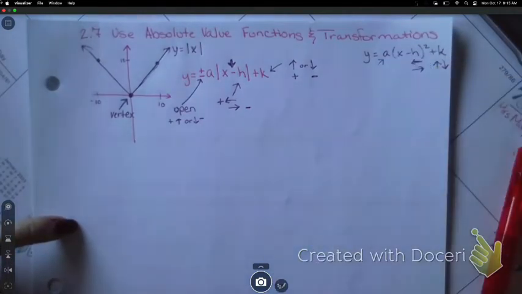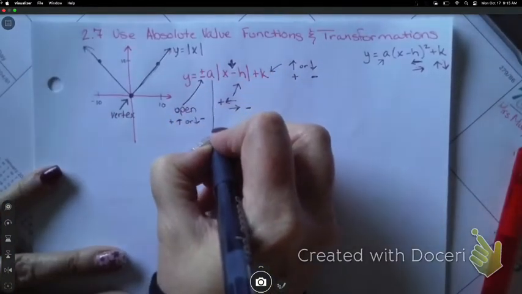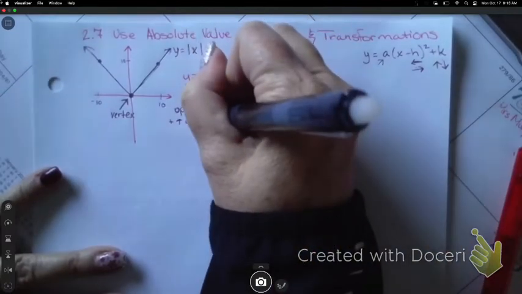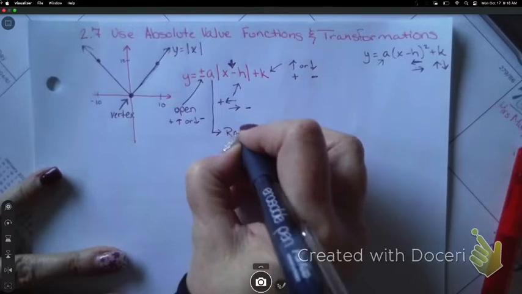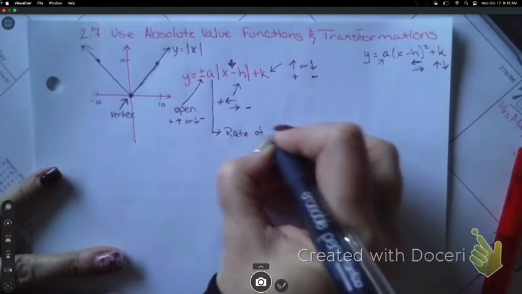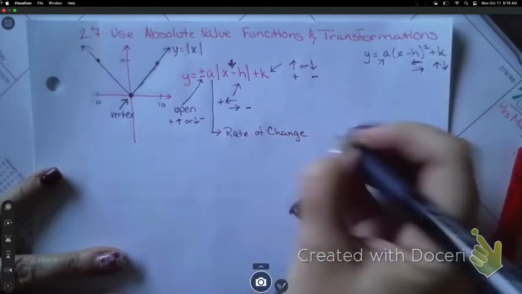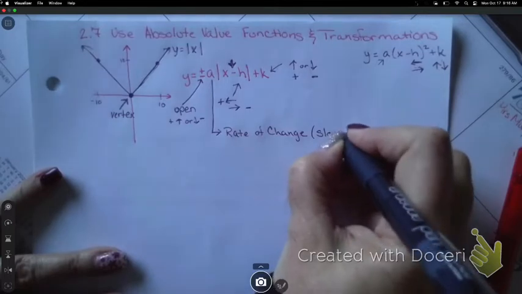Now, the thing I didn't discuss with this h, or the a, did I? No. Okay, so a is the rate of change, sometimes known as the slope.